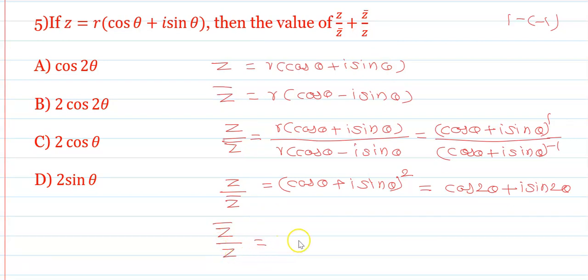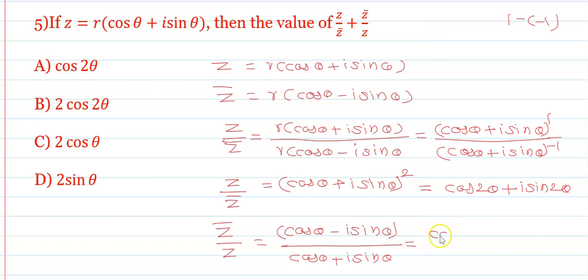आता Z bar upon Z ची value किती येणार? If we solve this, then what you will get? Cos of theta minus I times इथे किती येणार? तर sin theta. Okay. Because it is Z bar, and for the denominator here is cos of theta plus I times sin of theta. पुन्हा आपल्याला हे इव्हॅल्युएट करता येईल.